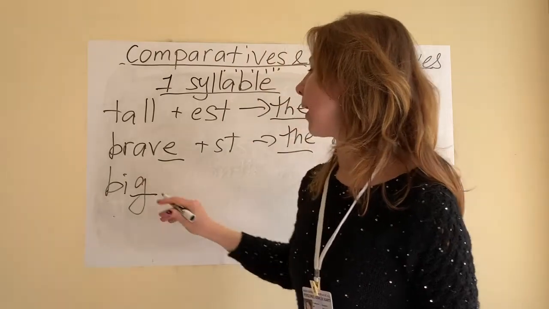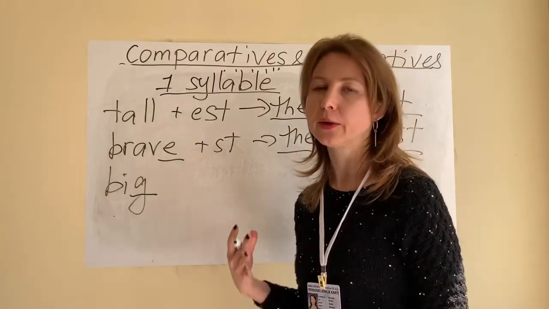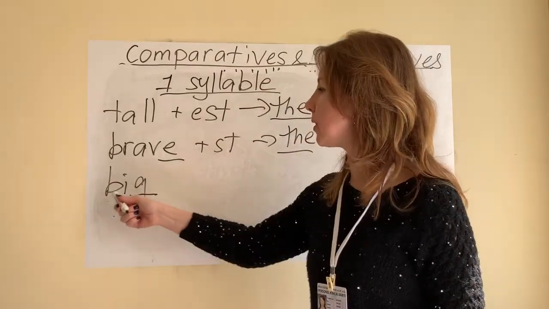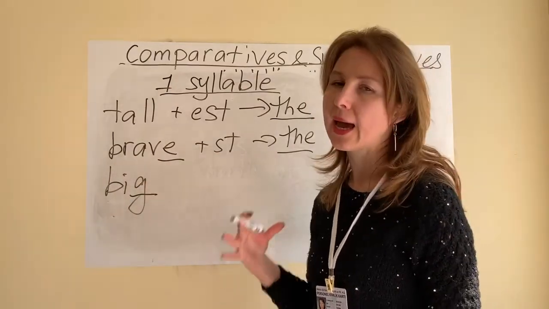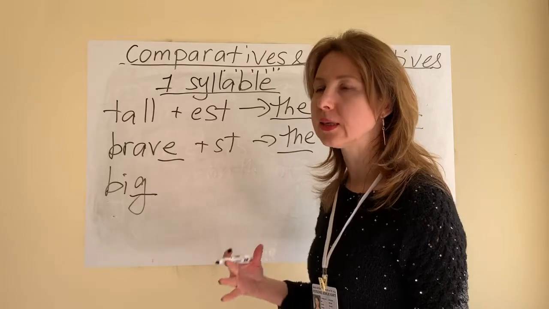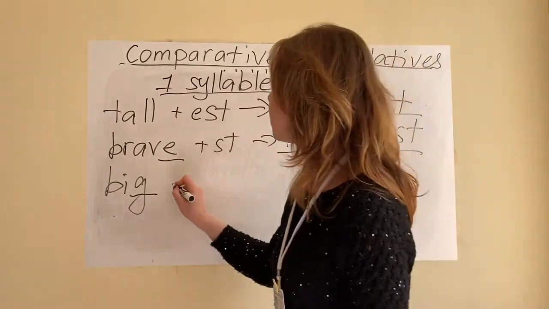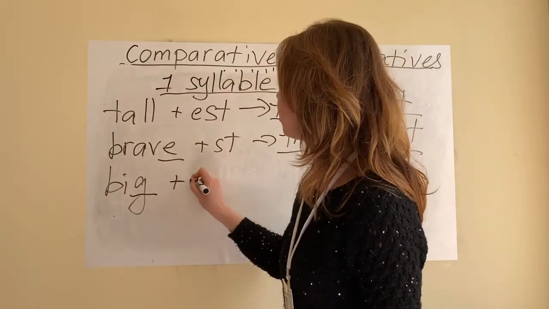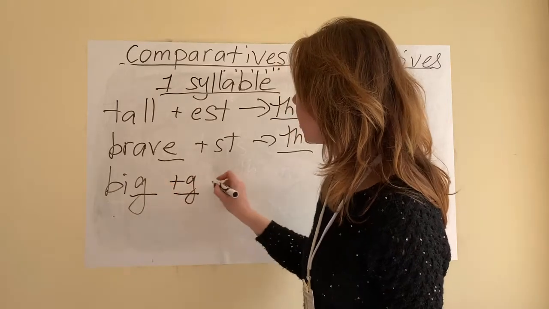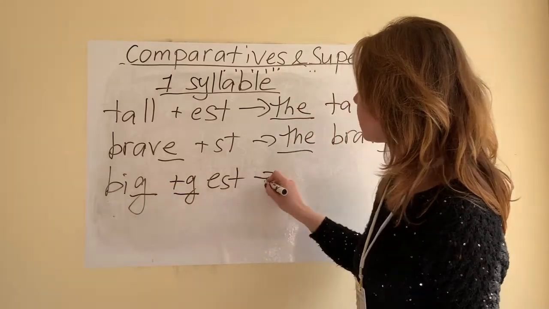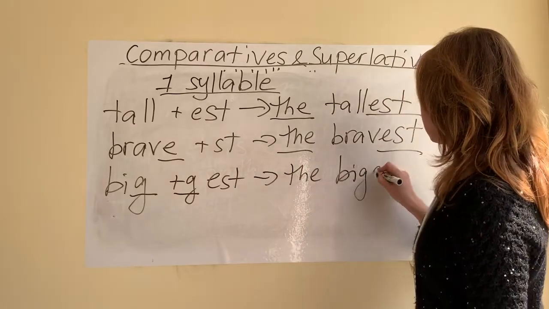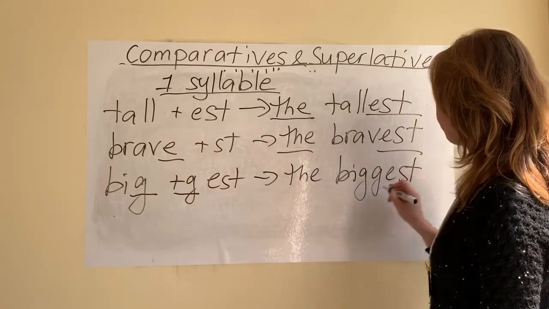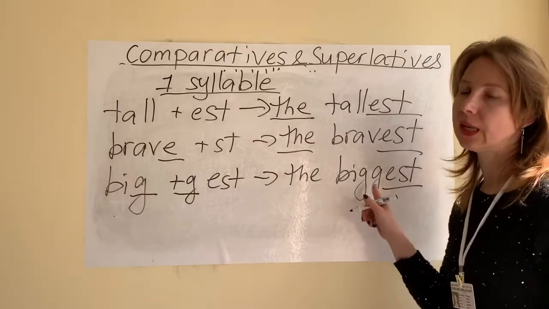Again, if the adjective is one syllable and a short one, and we see that there is a consonant, vowel, consonant, again, we double the last consonant and we add est. So we have here one more G and est. So the biggest. We double the last letter.